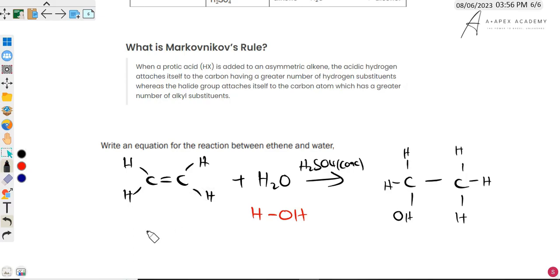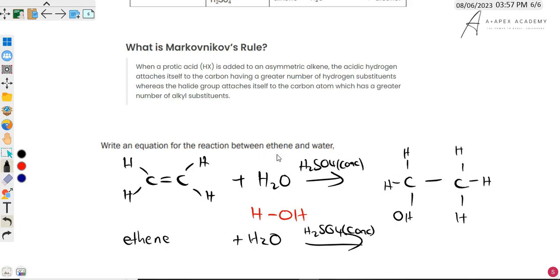So now what were we transforming? We were transforming ethene. We added water in the presence of what? Of a concentrated sulfuric acid, right? And then to get that substance there, which is what? That's an alcohol, right?